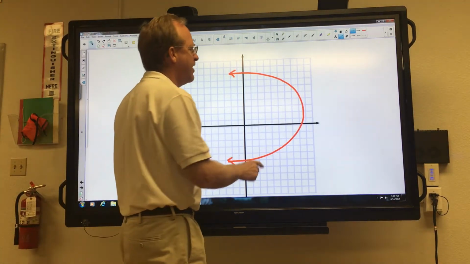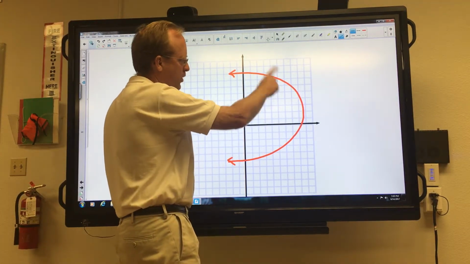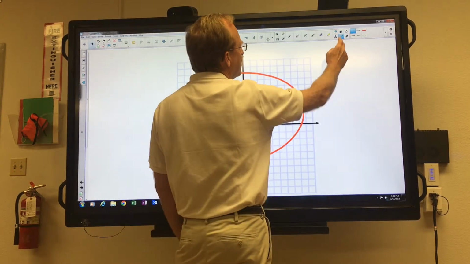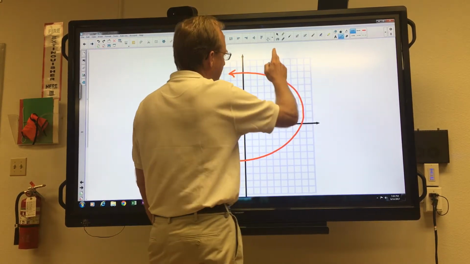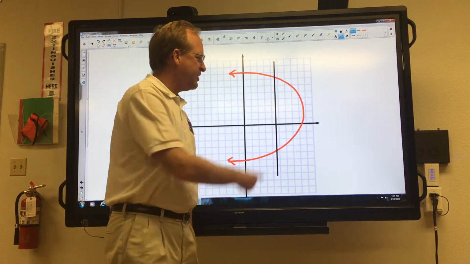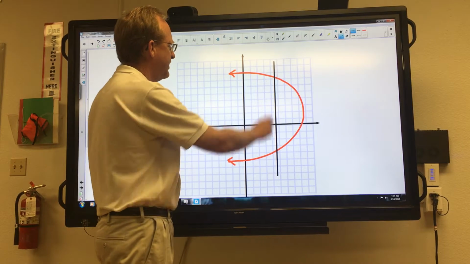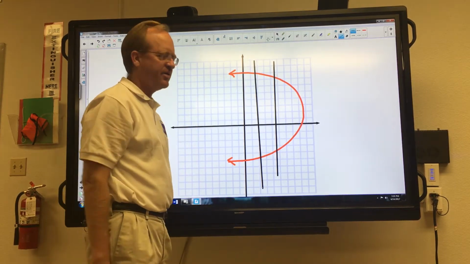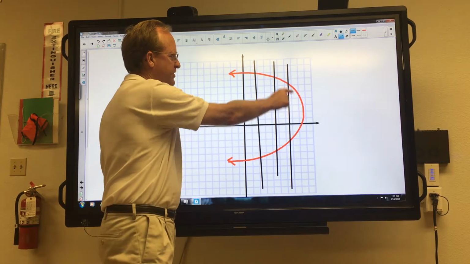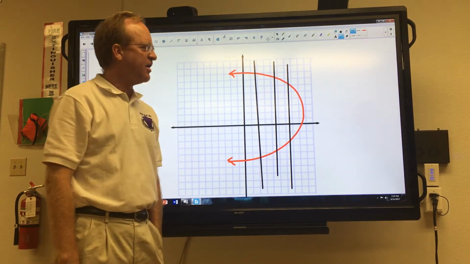And I think you can see right off the bat. This is an equation, and it graphs like this, but if you take a vertical line to that graph, how many times does it hit? Twice. This is not a function, okay? Once, twice. This thing is not a function.